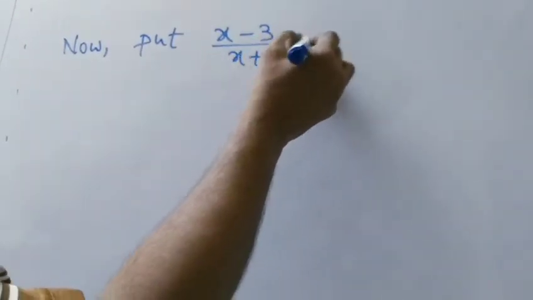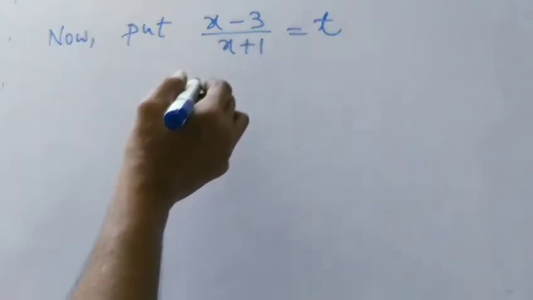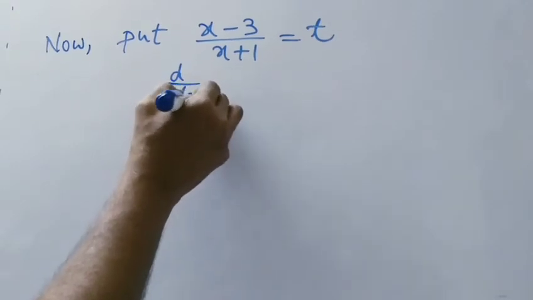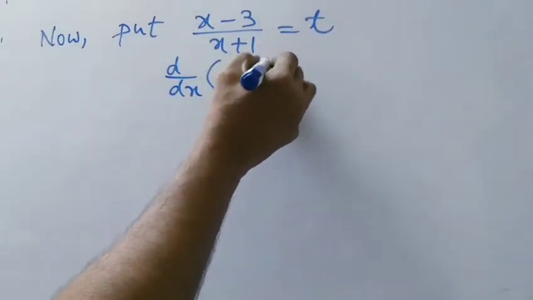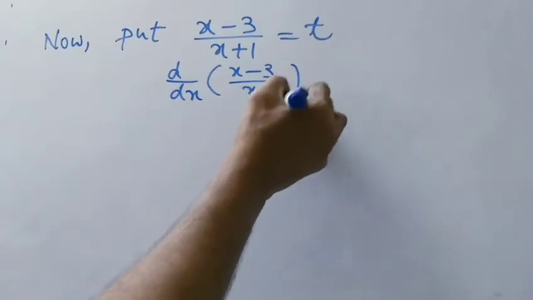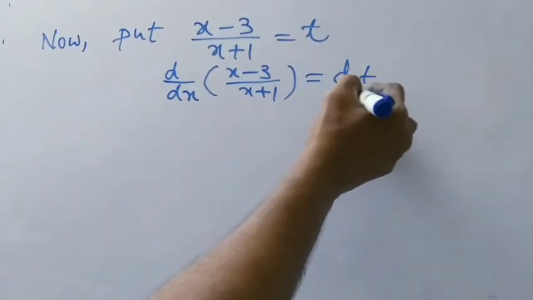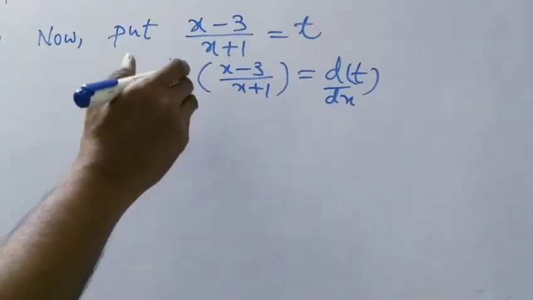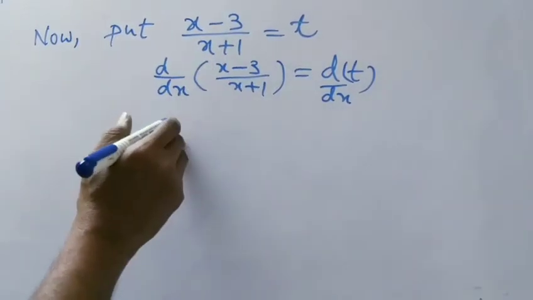Differentiate it on both sides: d/dx of (x minus 3)/(x plus 1) is equal to d/dx of t, with respect to x. Now we are differentiating on both sides.